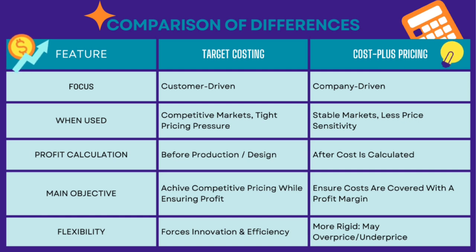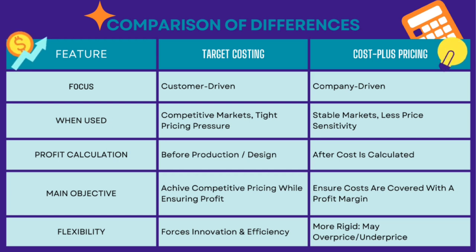Okay, so the third one is profit calculation before production and design. The profit calculation for target costing is before the production of the product, and for cost plus pricing, it is after the cost is calculated, then the profit is calculated.